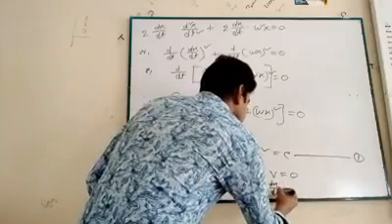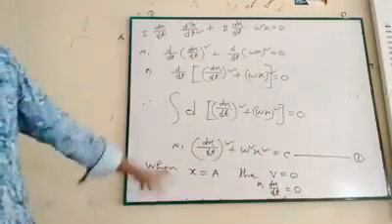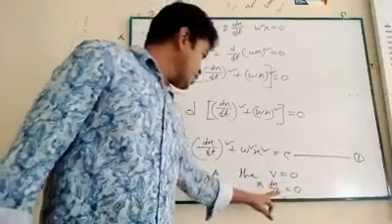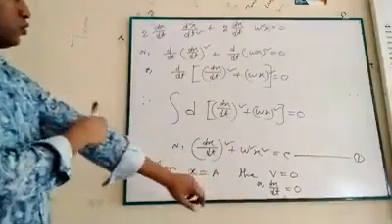We can write dx/dt instead of v equal to 0. Now x equal to a and dx/dt equal to 0.